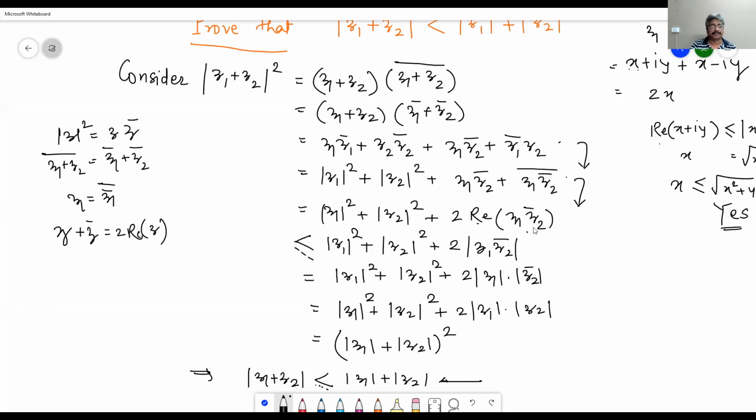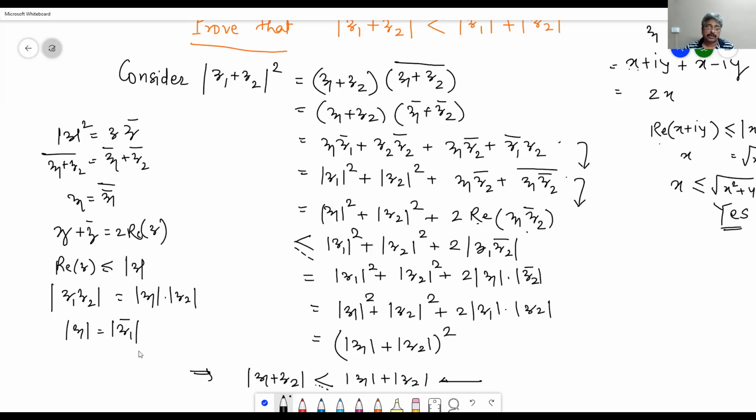That is used here. Real part of z is less than or equal to absolute value of z. That is used here. Absolute value of z1 z2 is equal to absolute value of z1 into absolute value of z2. True. All these are properties of complex numbers which we have proved somewhere or the other, or they are very easy to prove. Then absolute value of z1 is equal to absolute value of z1 bar. These many properties we have used.